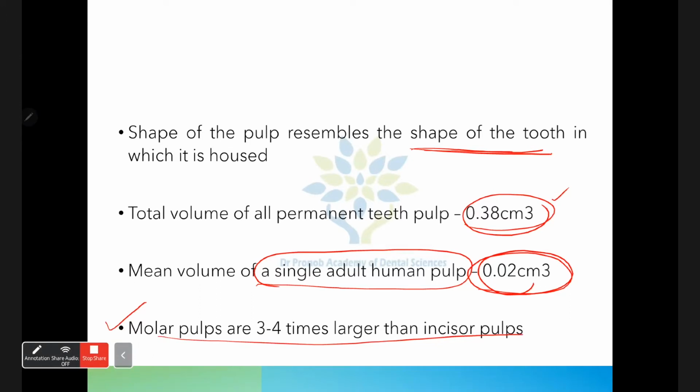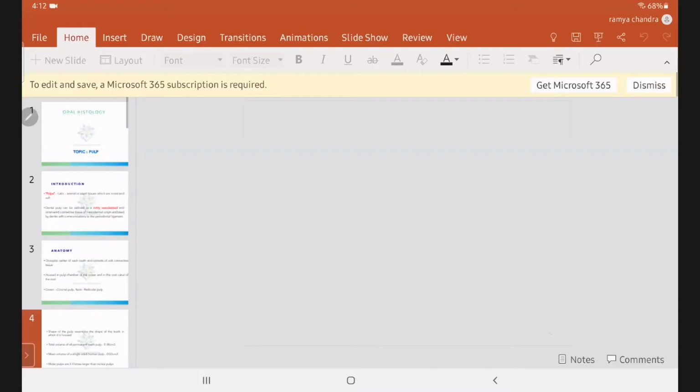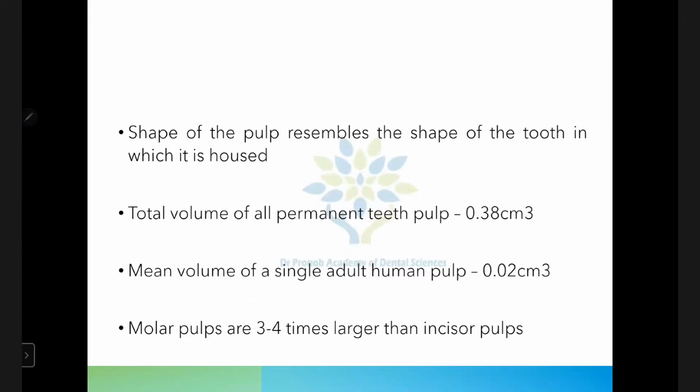In the incisor, the volume is less, whereas in the molar, it is more.